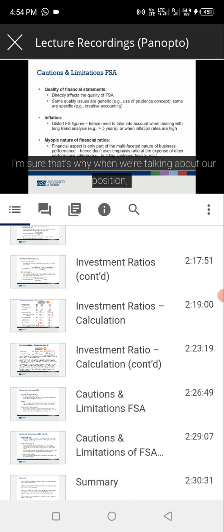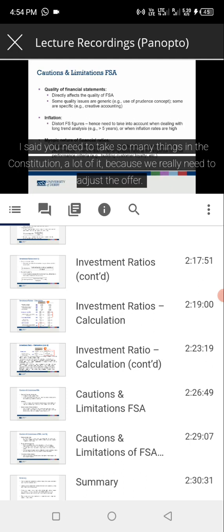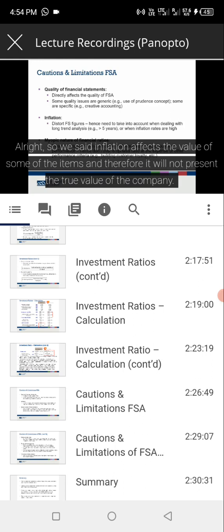That's why when we were talking about acquisition, I said we need to take so many things into consideration, because we may need to adjust them for fair value. We also said inflation affects the value of some of the items and therefore it will not present the true value of the company.